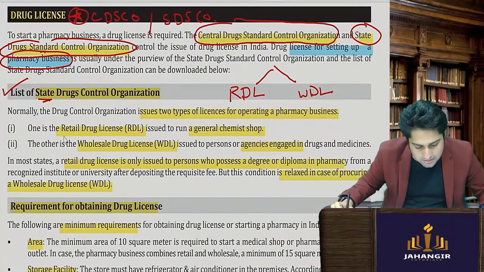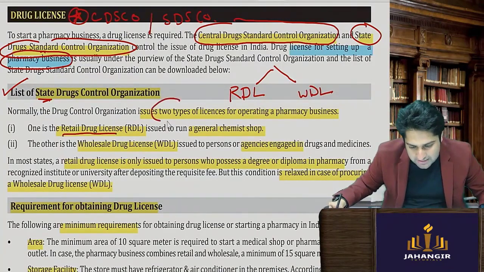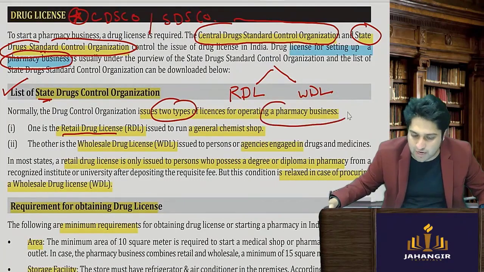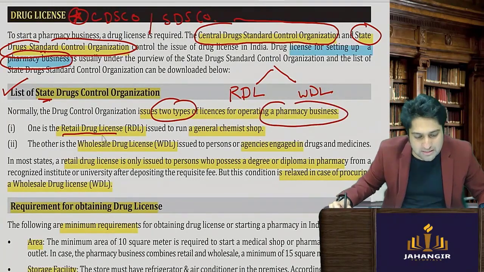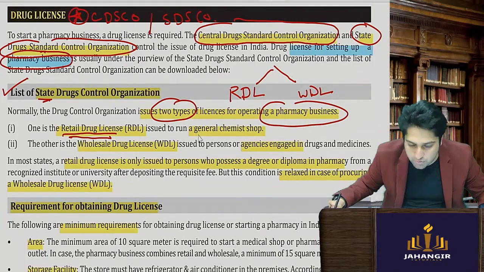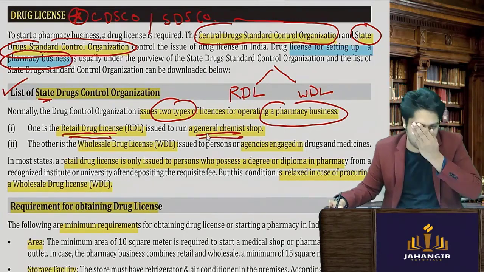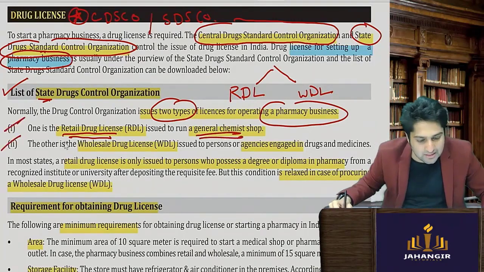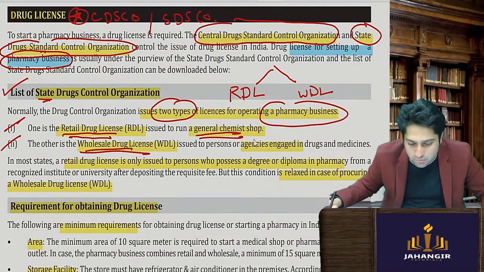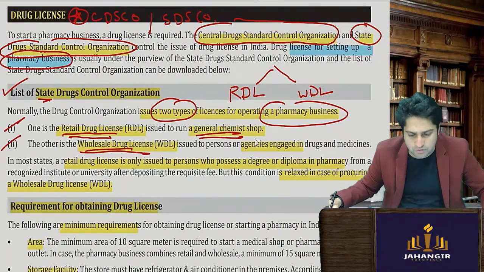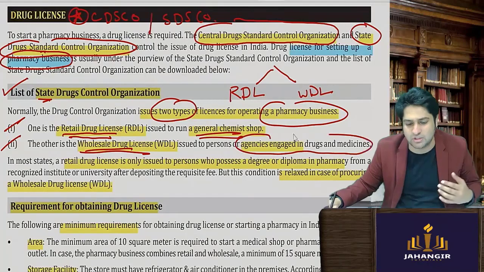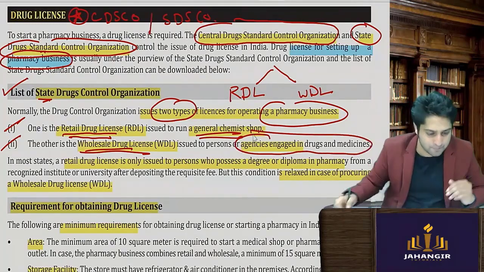So there are two types of licenses that can be issued for operating a pharmacy. One is a retail drug license if you want to set up a general chemist shop, and wholesale drug license if you want to set up any agency, so you are just an intermediary.